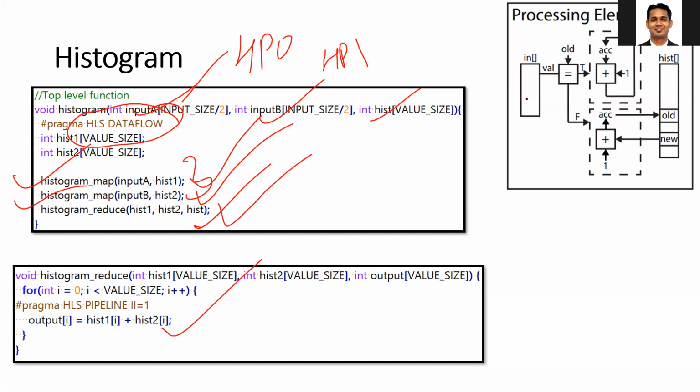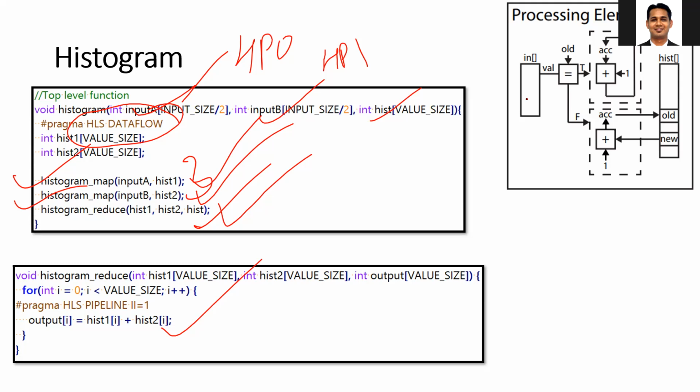Now here we can see that within a single task, the histogram process for the input A and input B can be executed concurrently, because they are working on independent data. While the histogram reduce function, or the histogram sum function, needs to be executed after the histogram map function execution is completed.